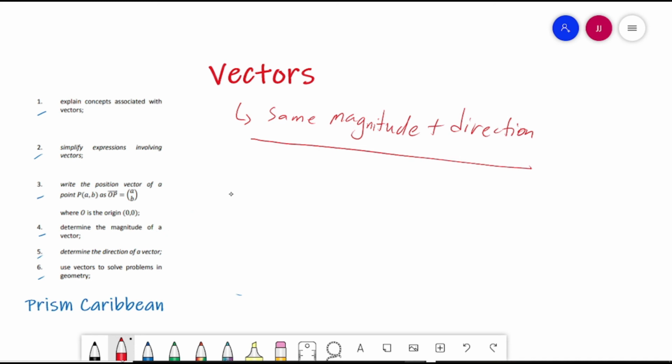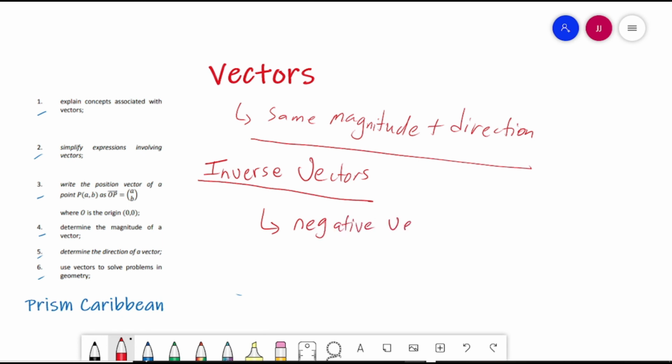Also, inverse vectors. Inverse vectors are simply negative vectors. Note, I'm saying vectors, not matrices. Do not get confused about that. This is vectors we're dealing with.